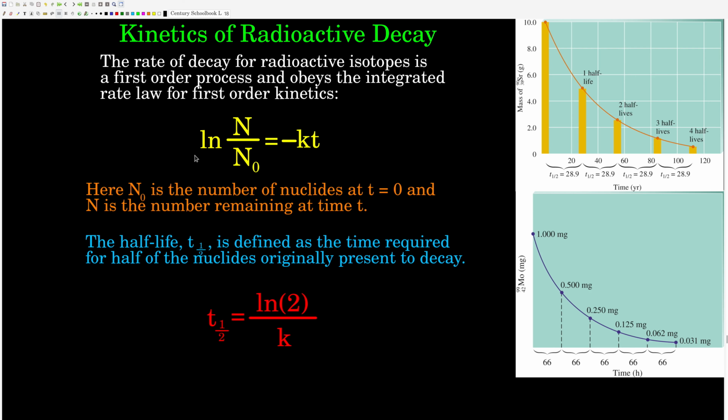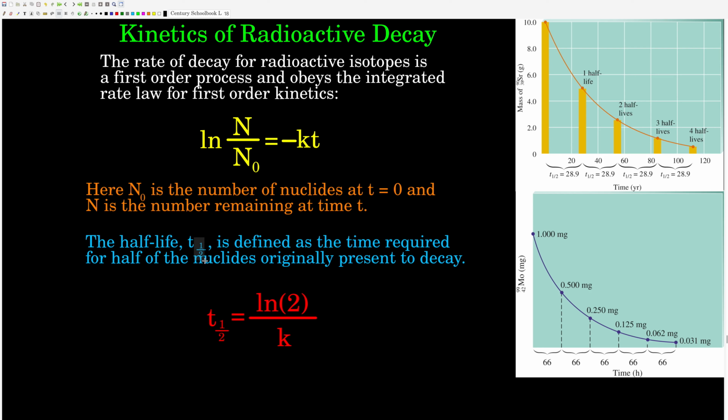The integrated rate law for first order decay kinetics is natural log of N over N0 equals negative kt, where N is the number of nuclei that remain after time t, N0 is how many nuclides we started with, and k is the rate constant.